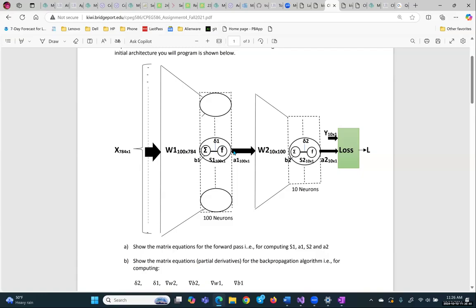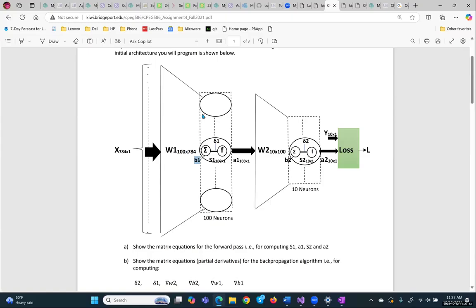Then as it goes through the activation function, I called it A1 as the actual output, because this is layer 1. And there will be some vector representing the biases. So my question to you is, what will be the size of the B1 which represents this first layer? Because from now on, everything will be represented as matrices and vectors.